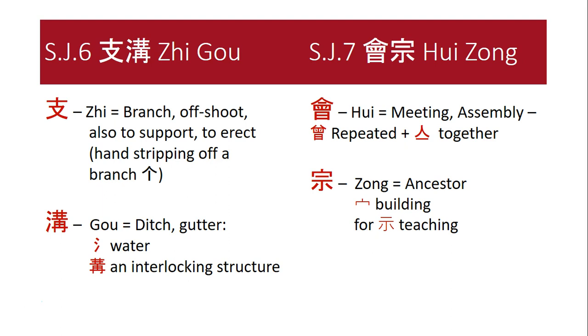Both Wei and Zong in Sanjiao 7 imply an association. Wei is to meet, and Zong is a sect or a meeting under a roof. This suggests that this area has some sort of meetings, and this next point, Sanjiao 8, Sangyang Luo, the meeting of the 3 yang, the networking of the 3 yang, suggests the same thing.